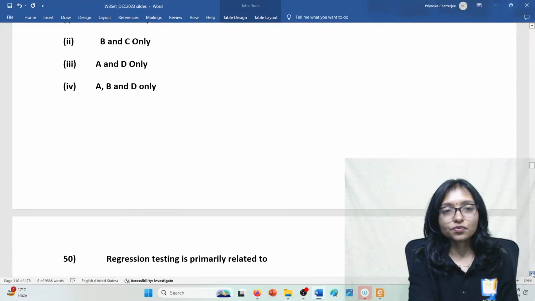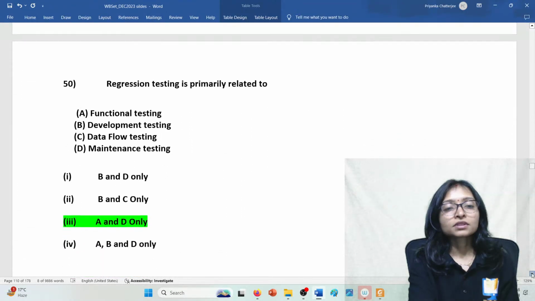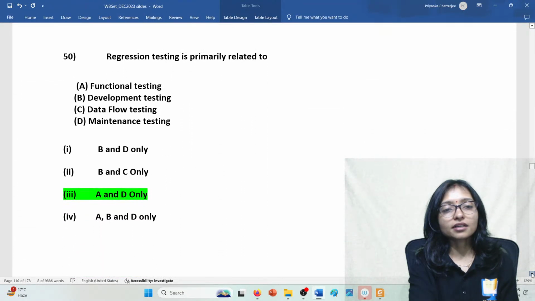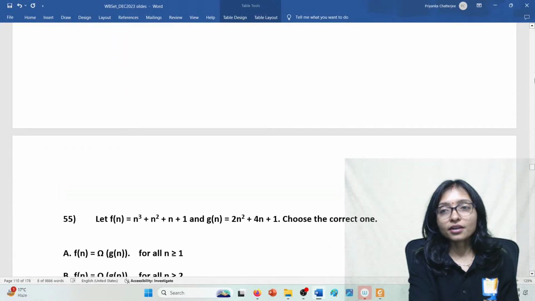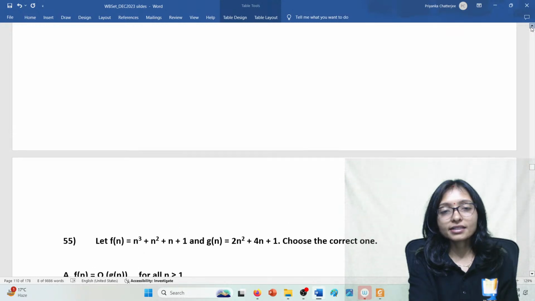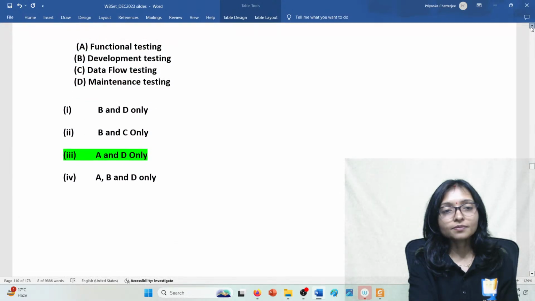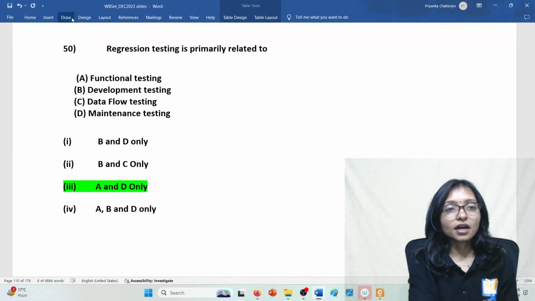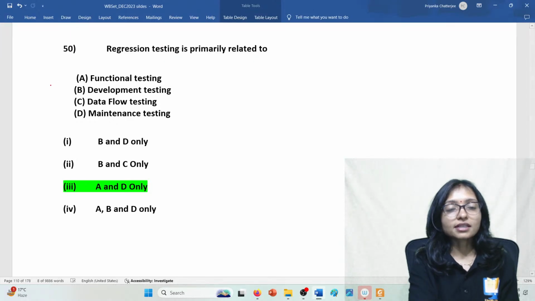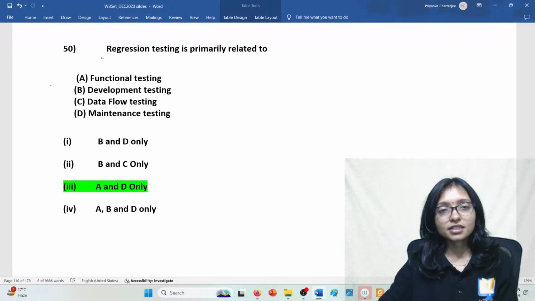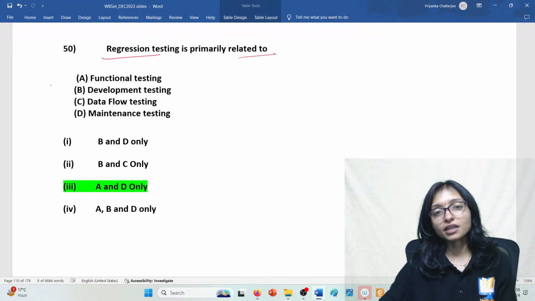So here this answer you are telling option D. Yes, option 4 is correct, but here the answer is A and D. Although you are getting A and D as the correct answer, because it is asking you what regression testing is primarily related to.